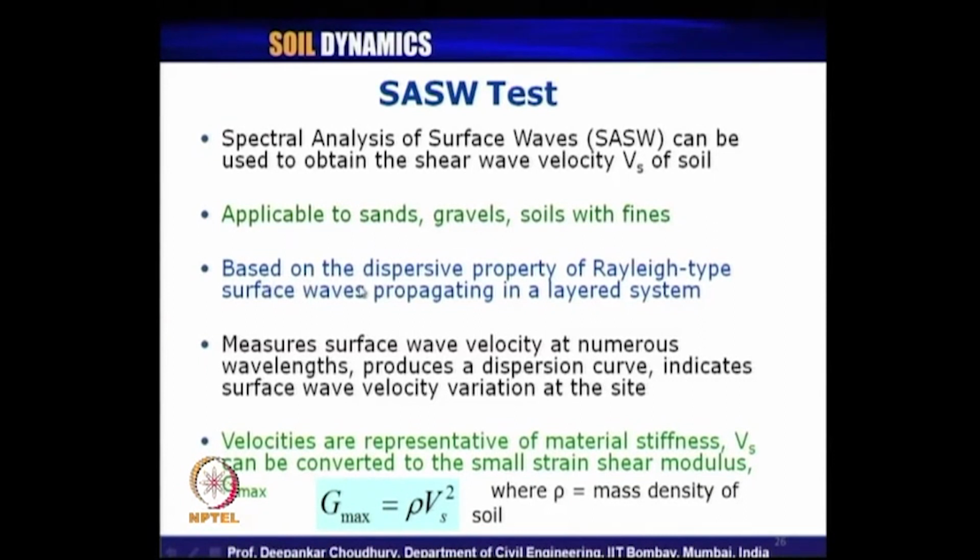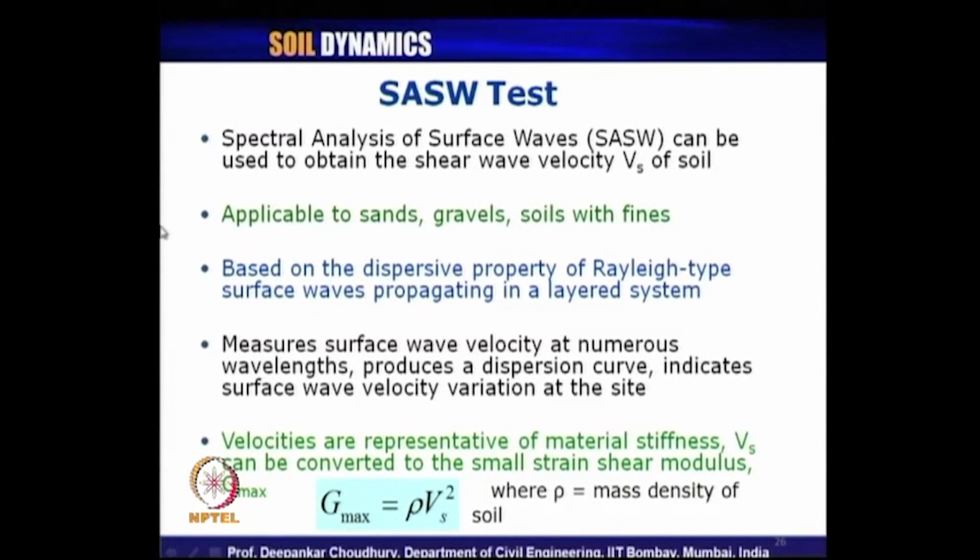Now, based on the dispersive property of Rayleigh wave, Rayleigh type surface wave propagating in a layered media, we obtain the Vs. What is the basic physics behind the test? As the name suggests, spectral analysis of surface wave.